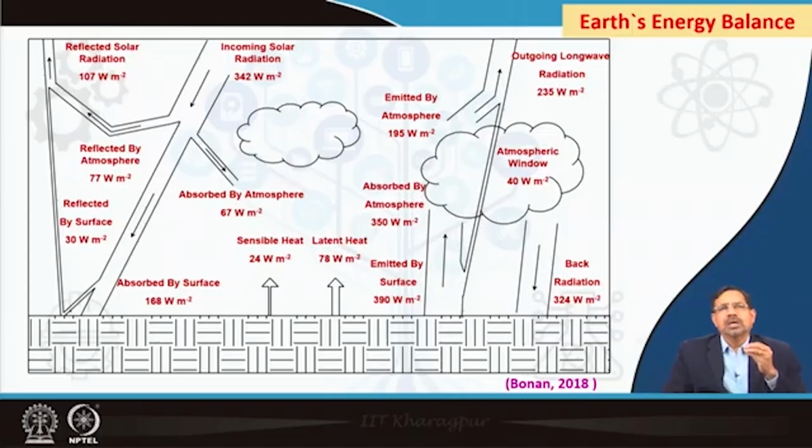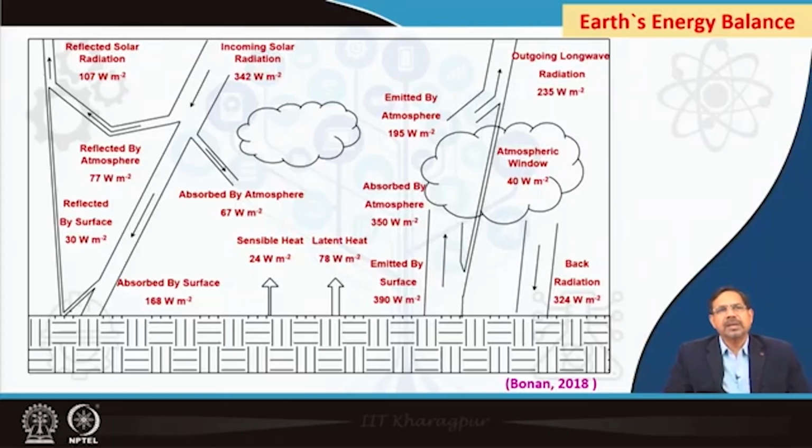Out of this 342, about 67 watts per meter square is absorbed by the atmosphere, and another 168 watts per meter square is absorbed by the earth surface.